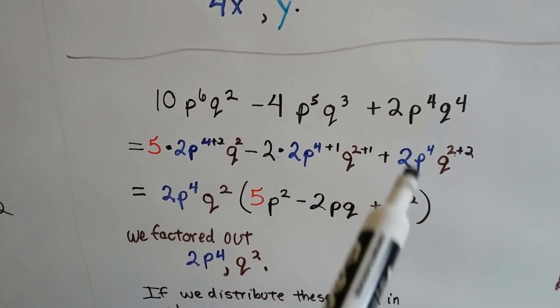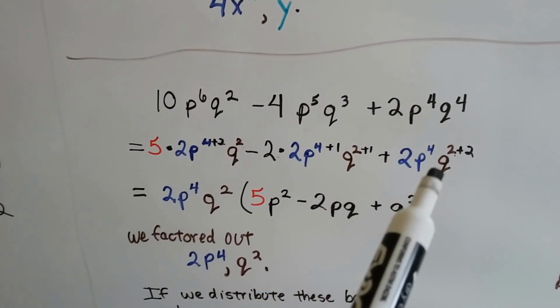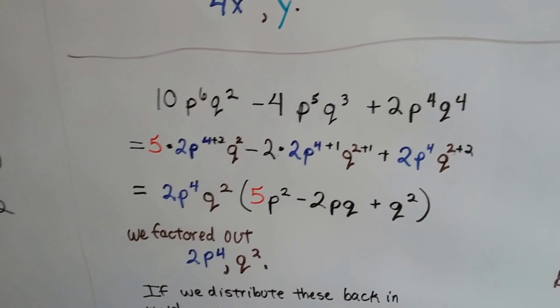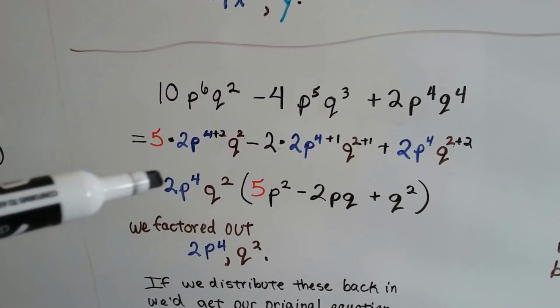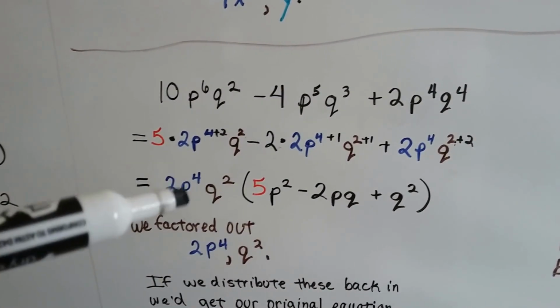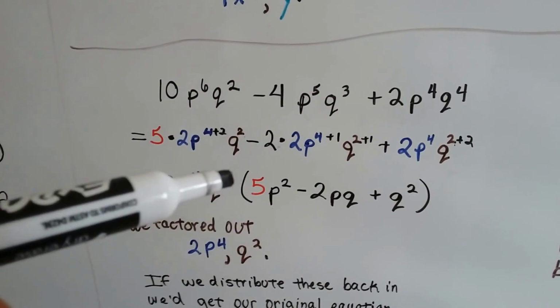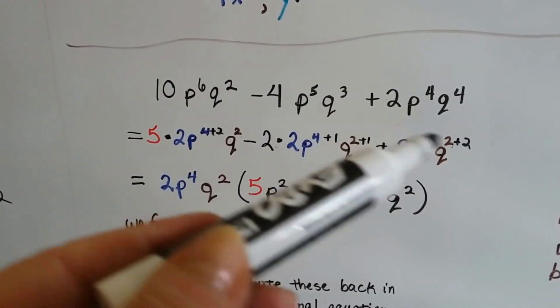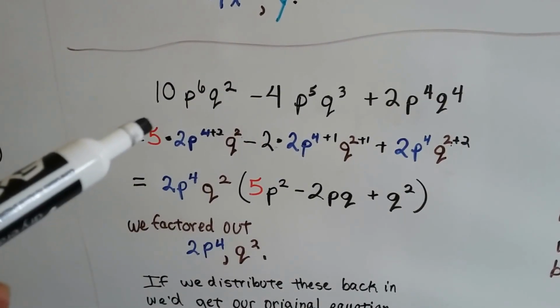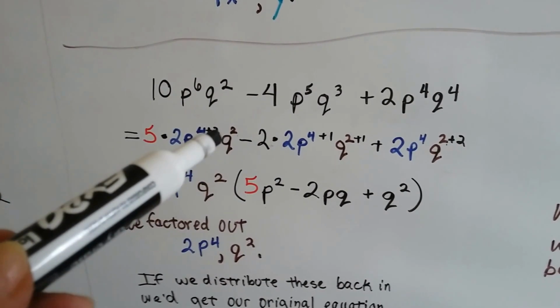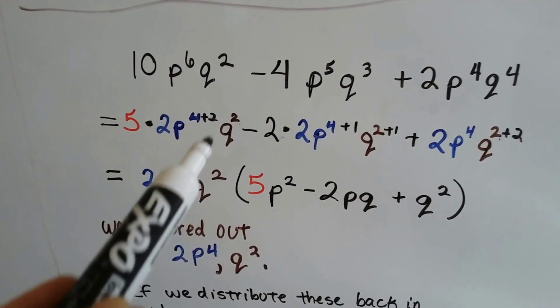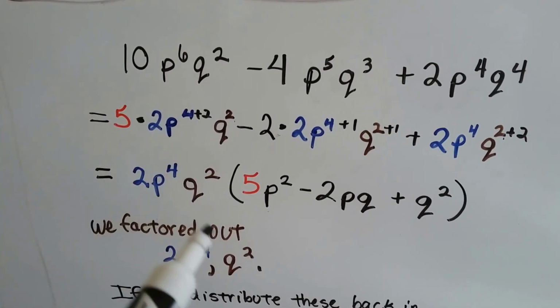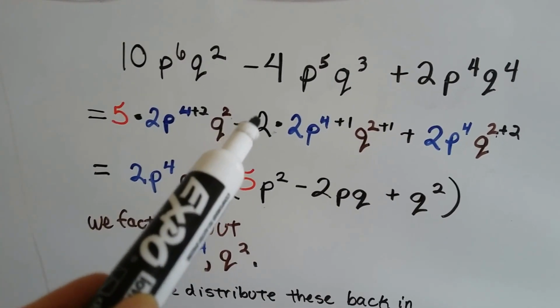This 2p to the fourth is fine. And then this q is q to the second power plus 2. So we can pull out 2p to the fourth, q to the second from here, and from here. And what we're left with is the 5 p to the second. That little second right there is left over for that p. We've got a 2 left over right here.